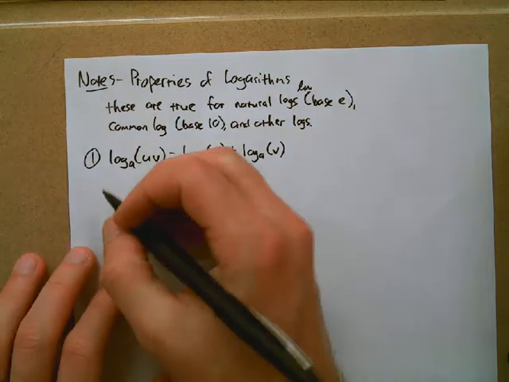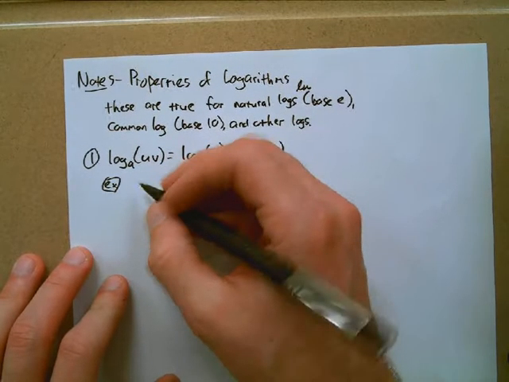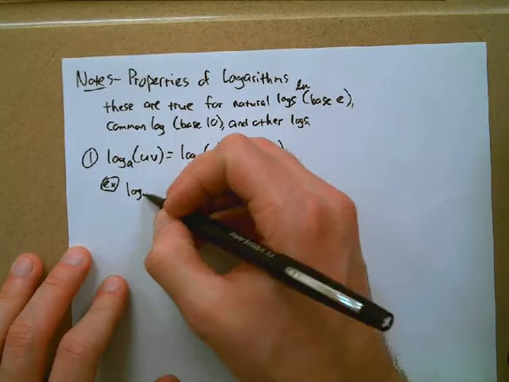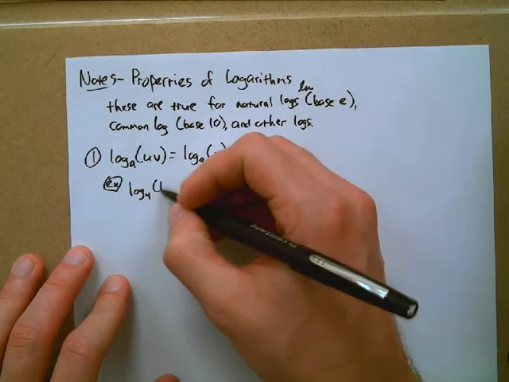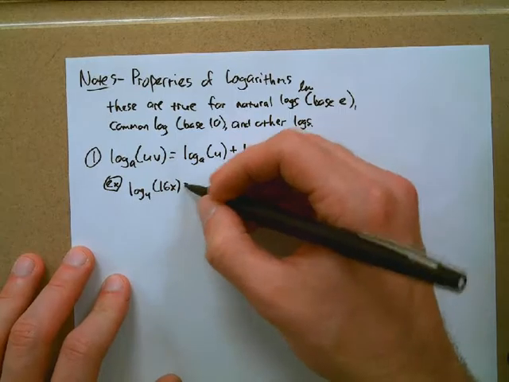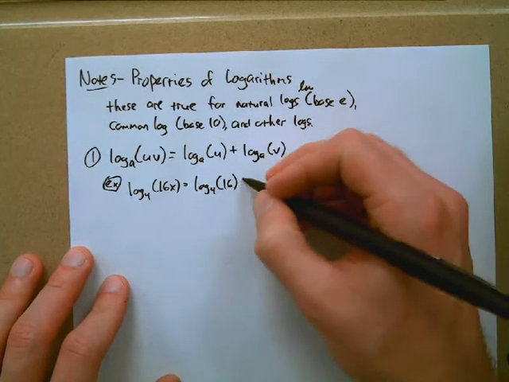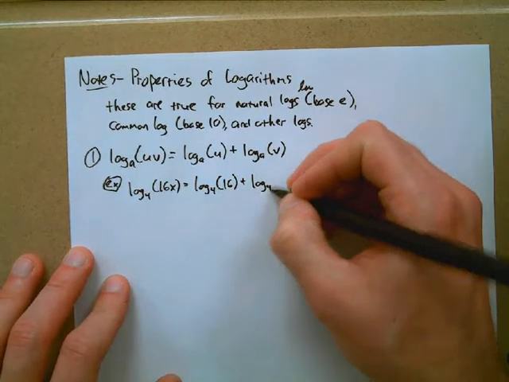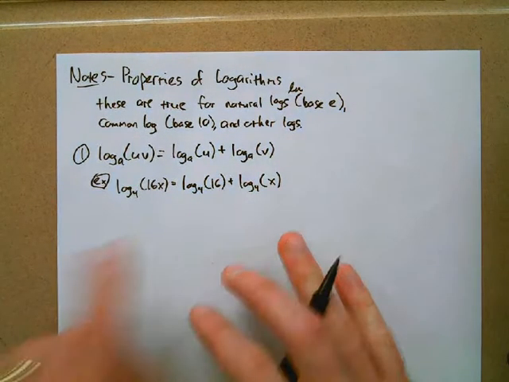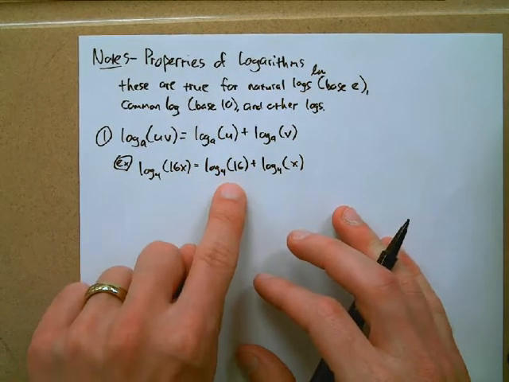As a quick example, if you see log base 4 of 16x, we could say that's log base 4 of 16 plus log base 4 of x. We had a product between the 16 and the x, and we were able to break it up into a sum.